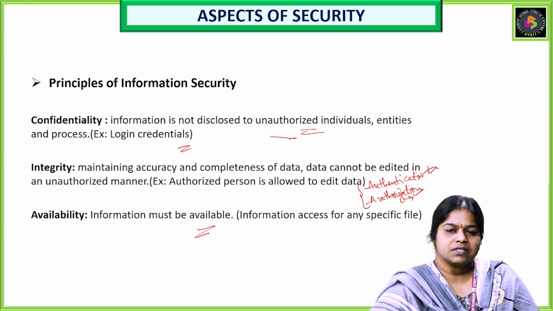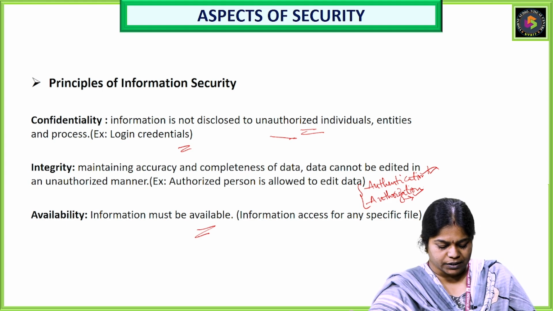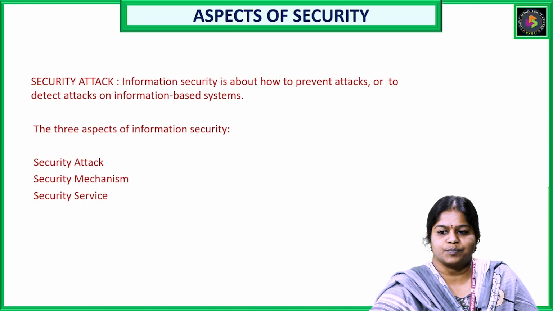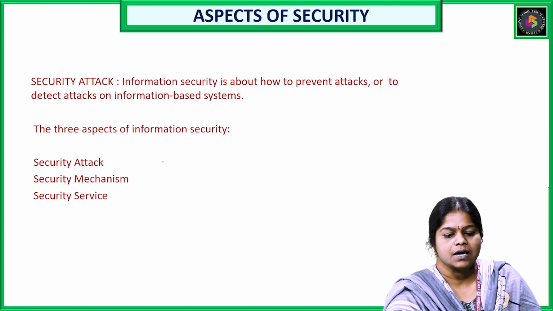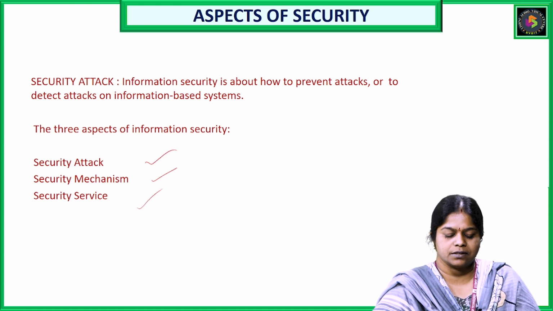So these are the three principles we have to maintain: confidentiality, integrity, and availability. Now we'll move to our concept, aspects of security. Here we have the three aspects of information security. The first one is the security attack, the other one is security mechanisms, and the last one is security services.